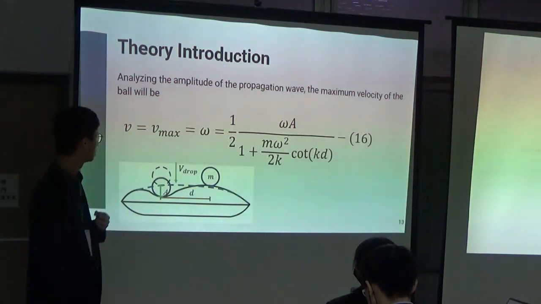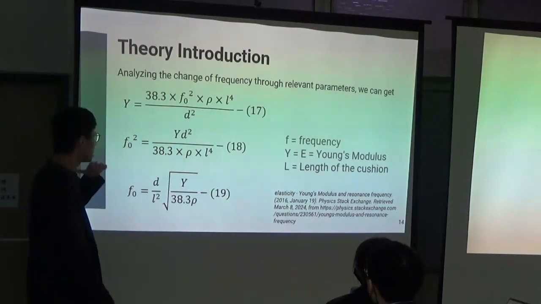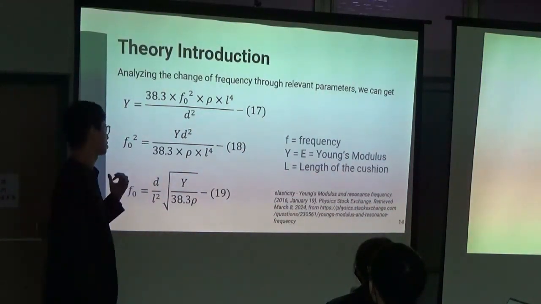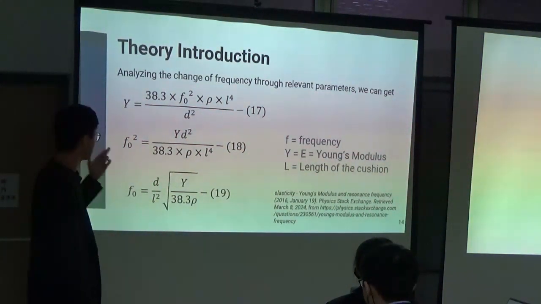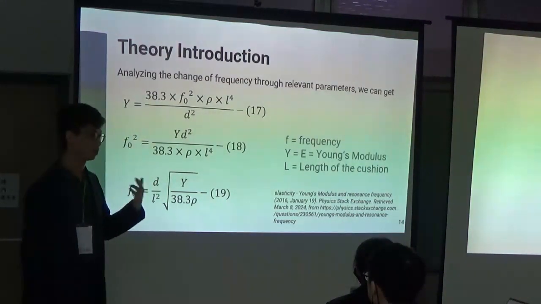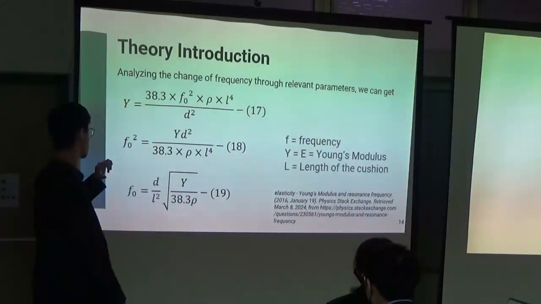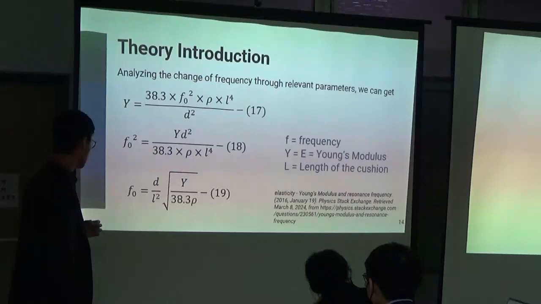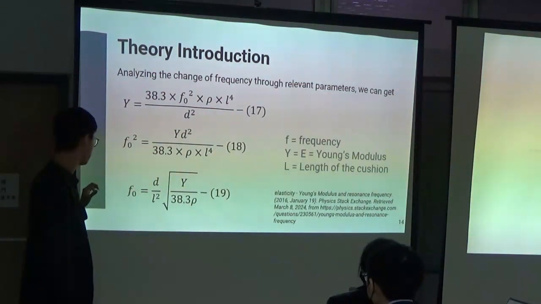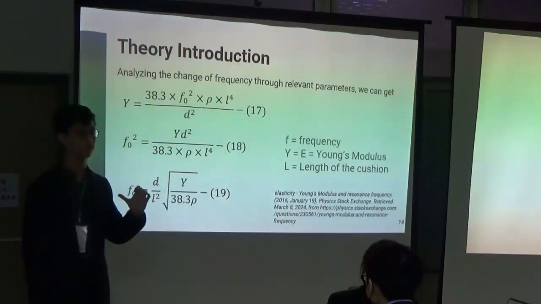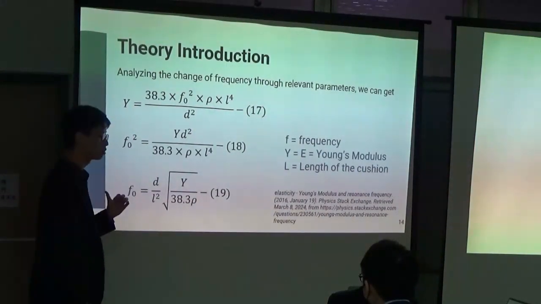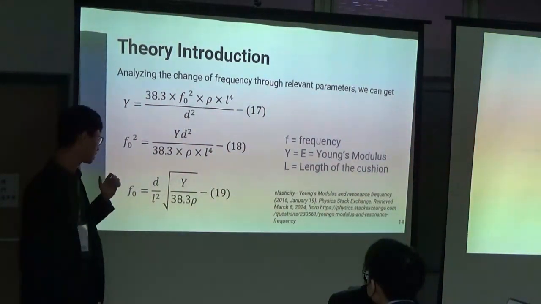Next, analyzing the change of frequency through relevant parameters, we can get the effect of elasticity, Young's modulus, on this frequency by using this equation. As you can see, this frequency can be affected by the size of the cushion and also the material that is used, including Young's modulus and the density.